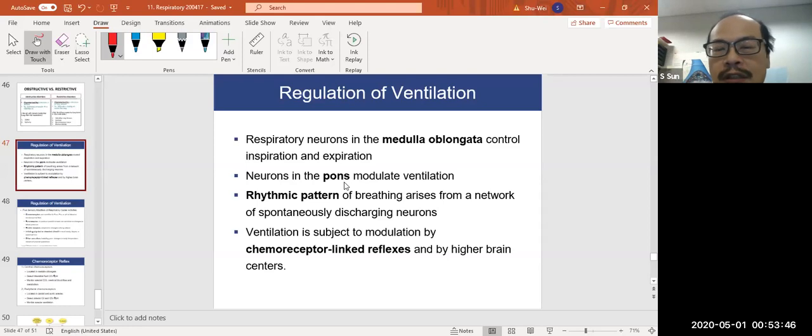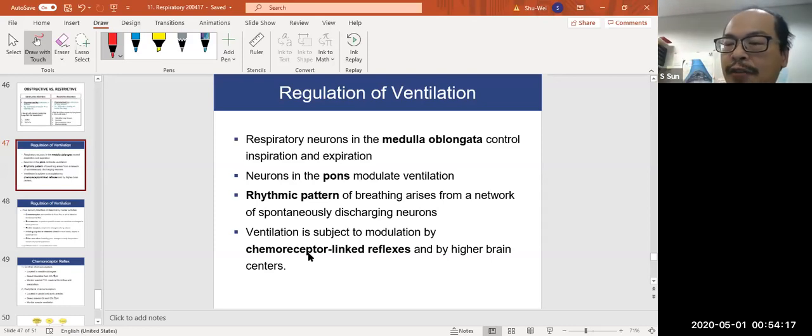With ventilation, this pattern generation can be affected by the CO2 level in our body, so it is linked with the chemoreceptor. That is the way to trigger us to breathe more: by the O2 and CO2 level in our blood.